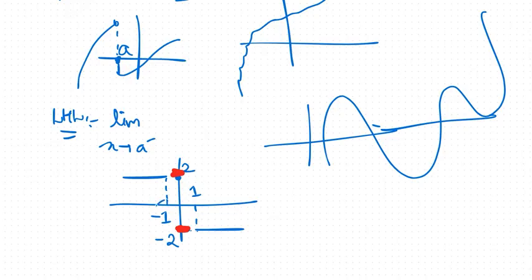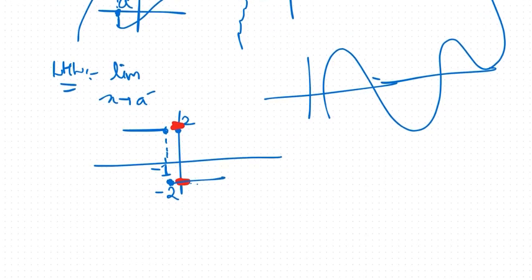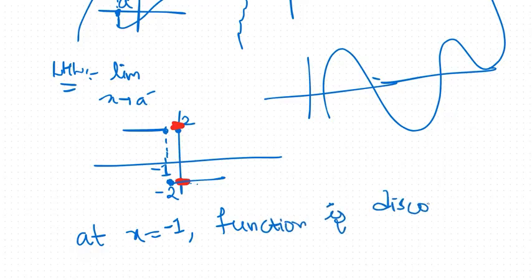So let's talk about when x is equal to -1. At x equal to -1, the graph or function is discontinuous.